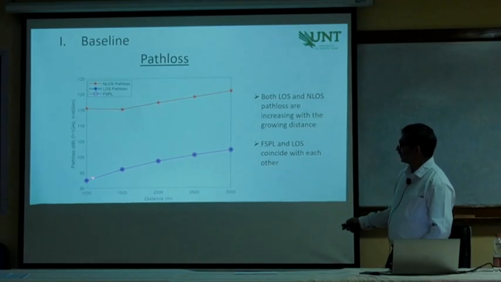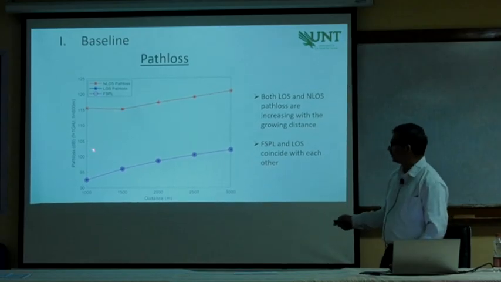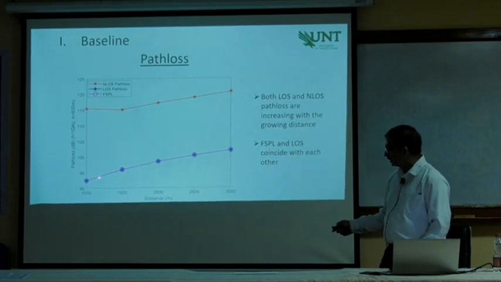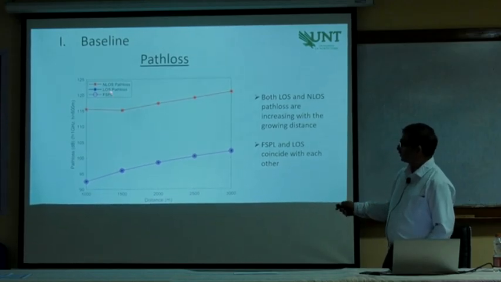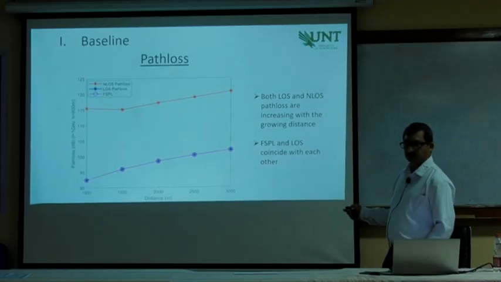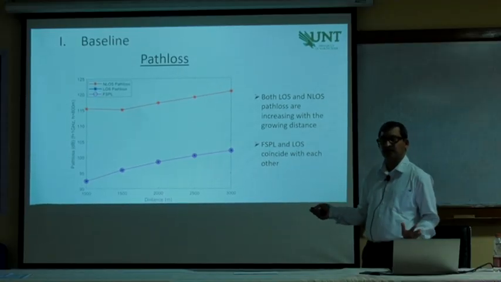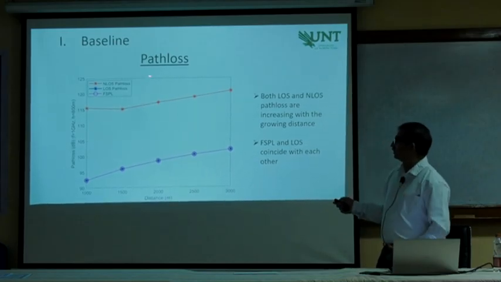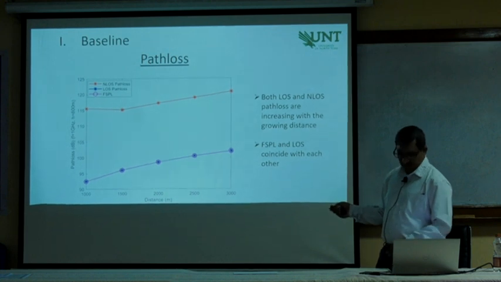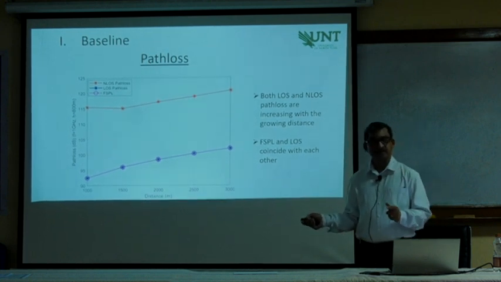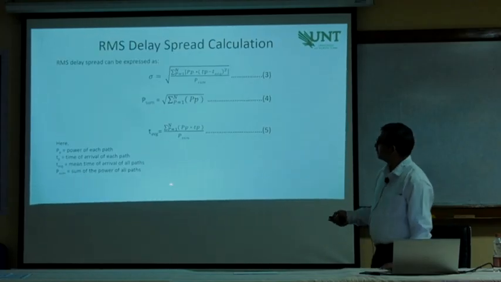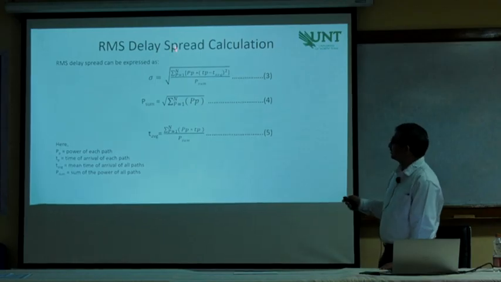And then she obtained, through the simulation, all those line of sight and non-line of sight components, and then this is the average. You get a lot of non-line of sight, but only one line of sight. And obviously, these two have to match. Make sense? At least reasonable, right? You may not be able to understand everything, but reasonably, at least to some extent, she's plotting the path loss related to line of sight and whole lot of non-line of sight. And these are the expressions for delay spread.